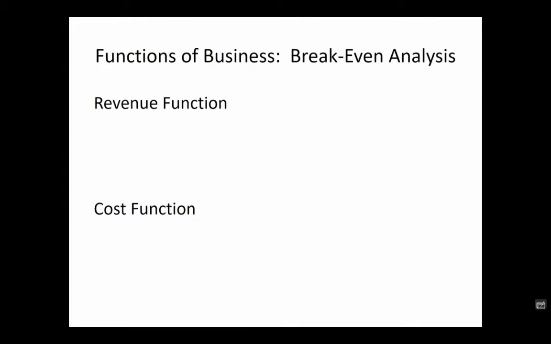All right, the revenue function is going to be, let's use R for revenue and express the function as a function of X. So the revenue function can be defined as the price per unit sold, all right, times what? The number of units sold, times X. All right, so that's the revenue.